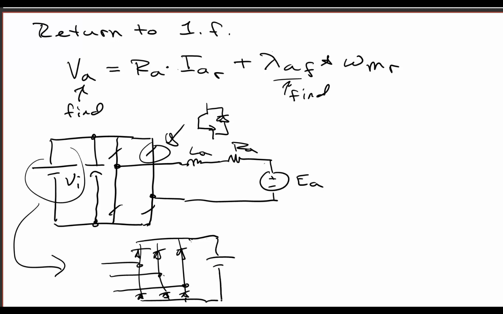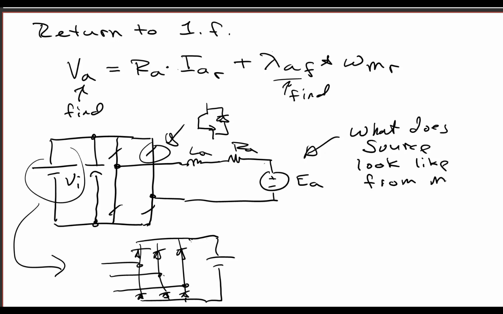we can think of what does the motor look like from the source, okay? So this picture here is what does the source look like from the motor perspective. It doesn't care whether it's got a three-phase full bridge rectified source or a battery.